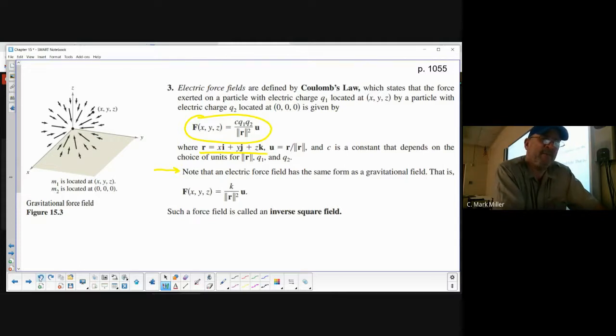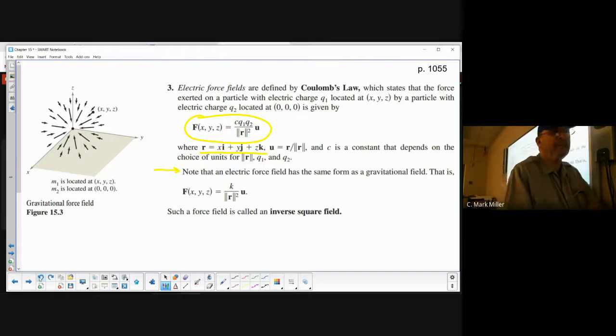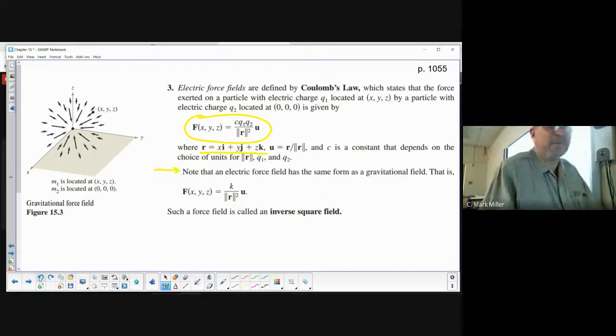That means when you go twice as far away from a body that has a mass, its gravitational pull is 1/4 of what it was when you started. 1/4. If you go 3 times as far away, it is 1/9.